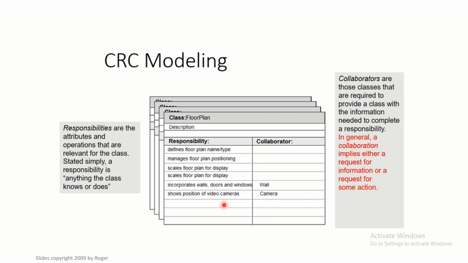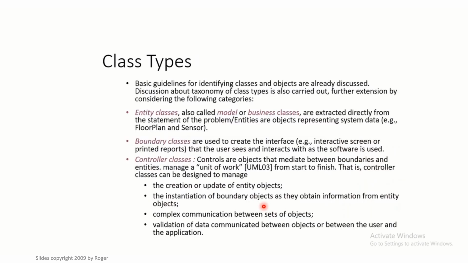In this case, it incorporates walls, doors or windows. It requires the assistance of the wall class, so we have placed wall against it on the collaborator side. Or showing the position of video cameras definitely requires the assistance of camera, and we have placed camera on the collaborator side.